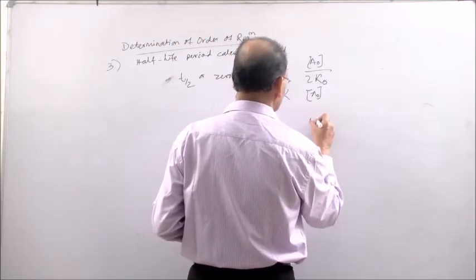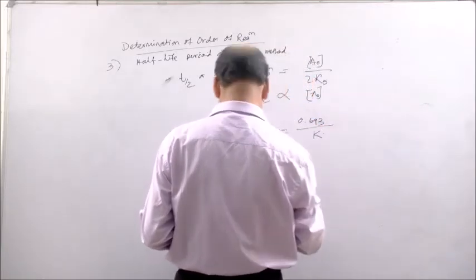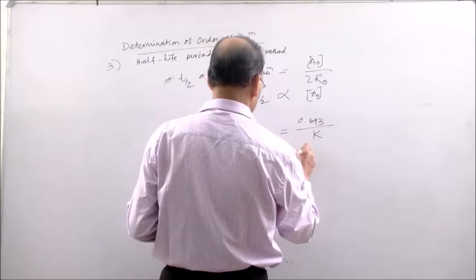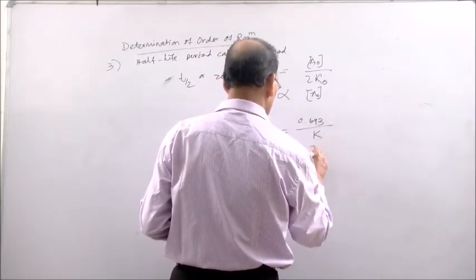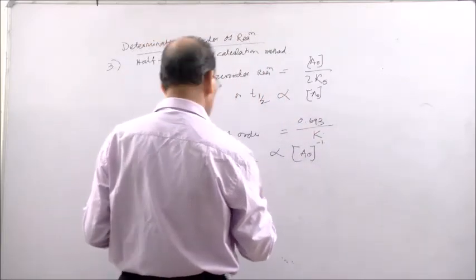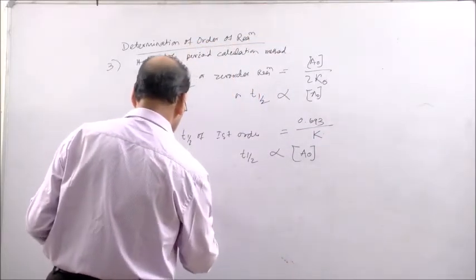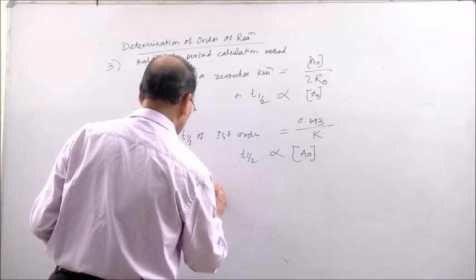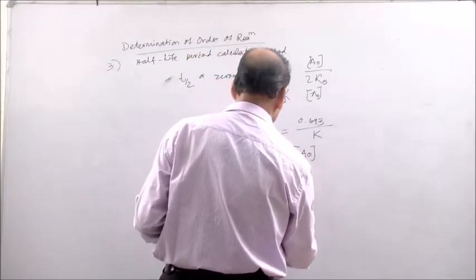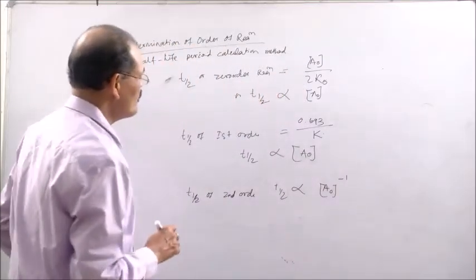Similarly, T half of first order is equal to 0.693 by K, independent of A0. For second order, it is inversely proportional to A0.